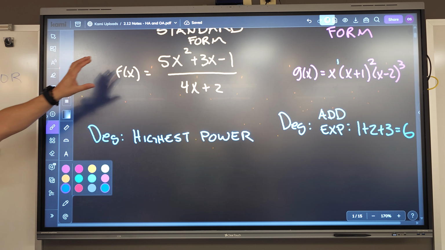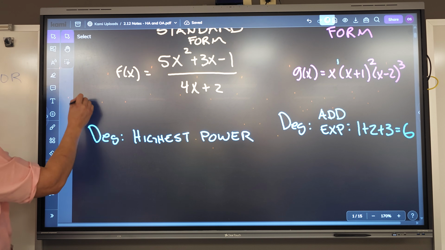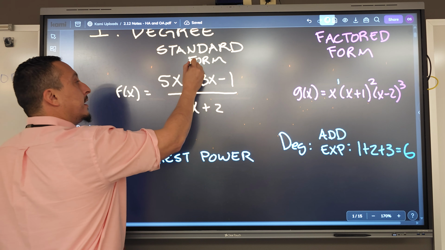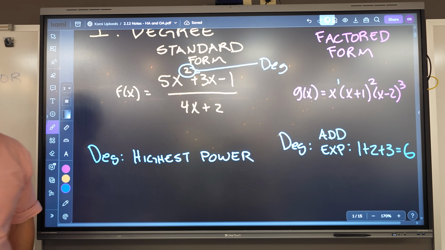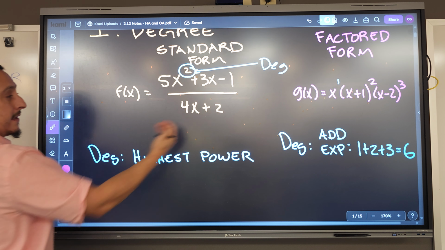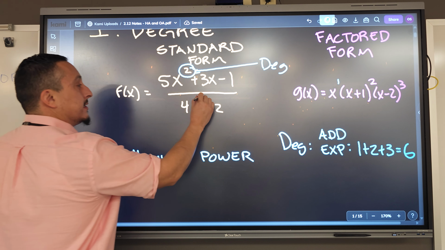So we think of the top by itself and the bottom by itself. The degree of the top would be a 2, so this is a degree 2 function, the top, the numerator. But the denominator, the bottom, what's the power of the bottom one, guys? 1, right? Again, if the power's not there, it's really a 1.